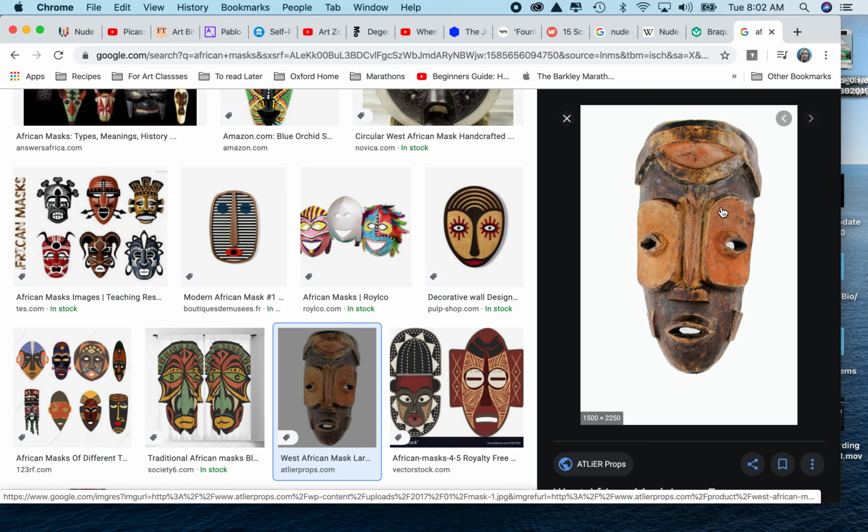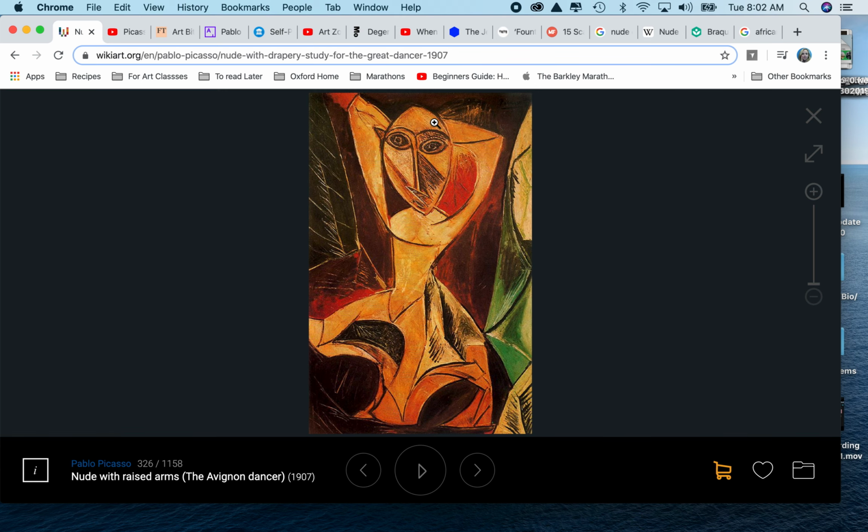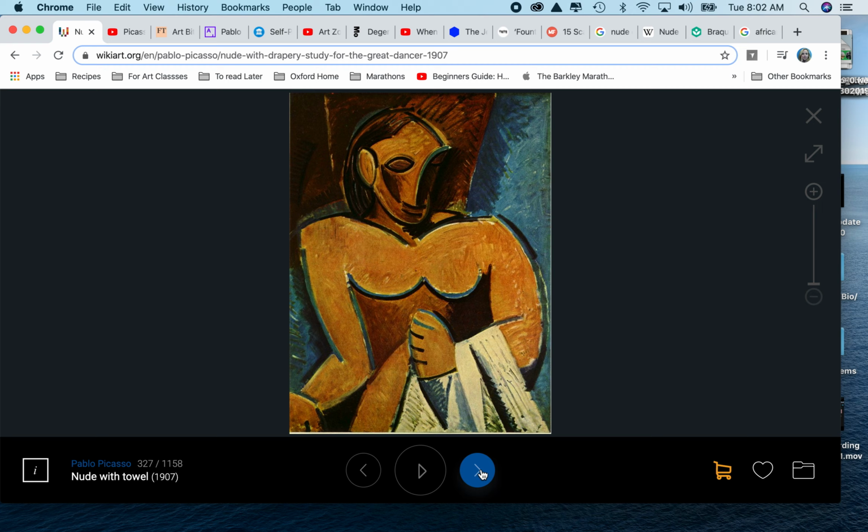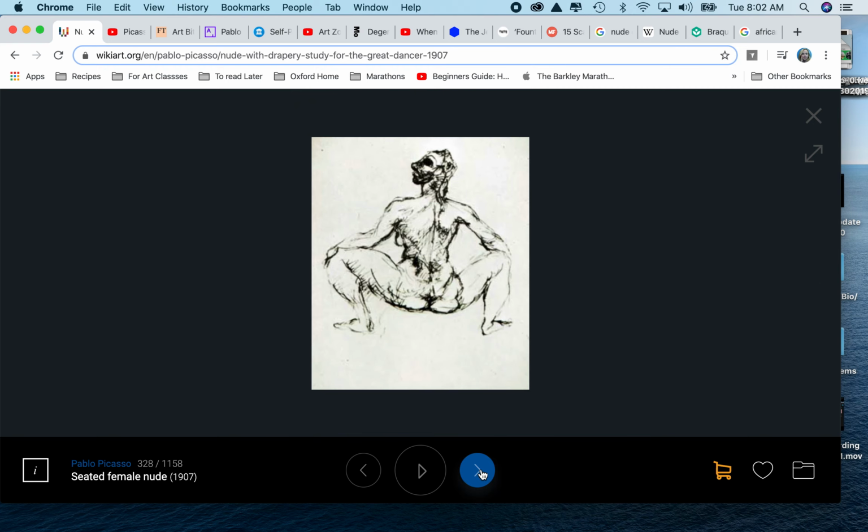These big circle eyes, these flat areas that are just there, these cutouts. Picasso basically did the exact same thing with his faces. But then he would combine them with an academic level technique.